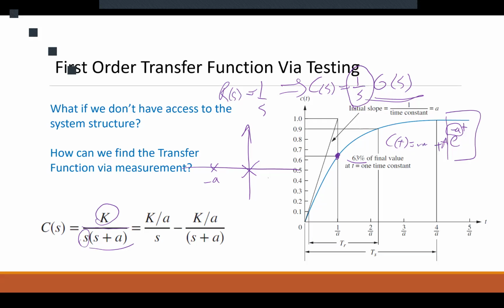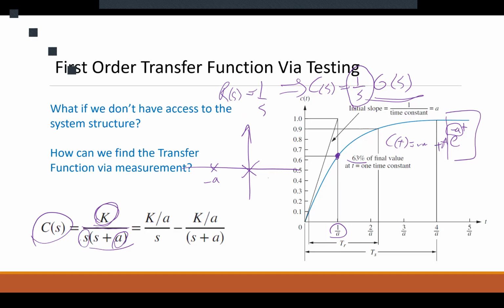Are we good so far? Now, I have the a because I have the time constant, which is 1 over a. All I need to do is to find this K. Then I would have the whole transfer function and the full Laplace of the output. So I know the input, and I can have the transfer function.